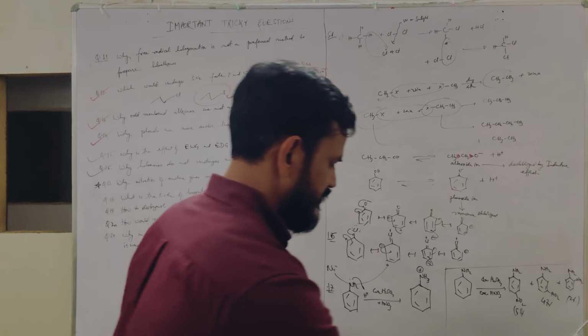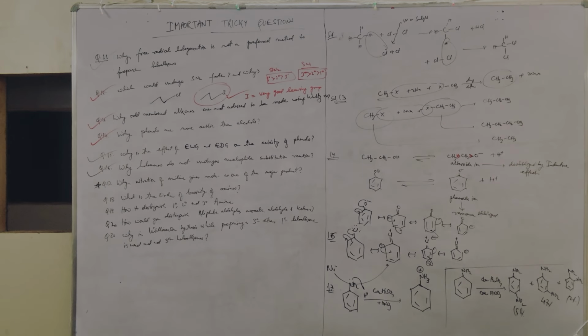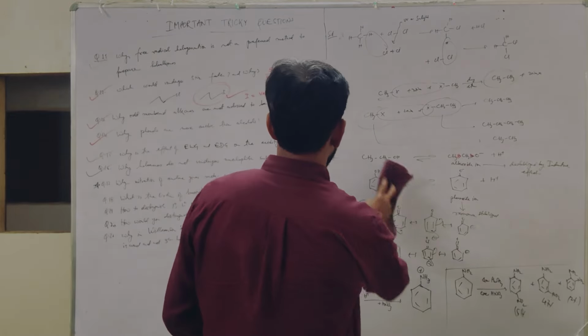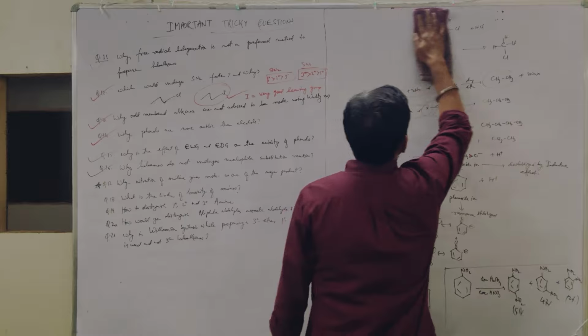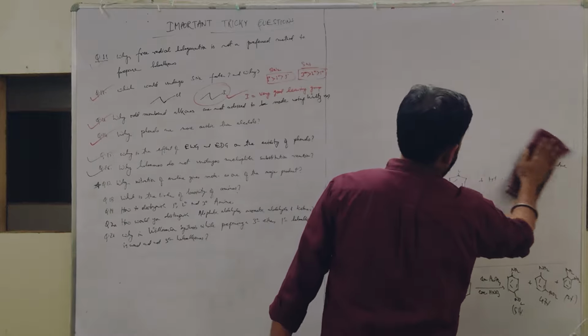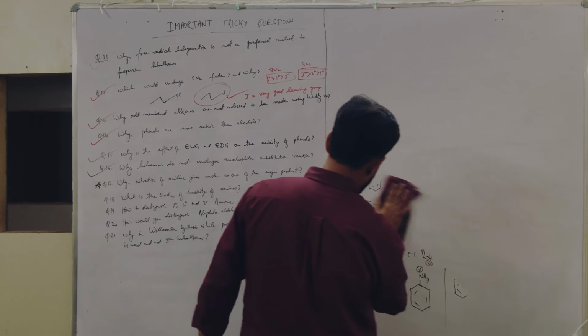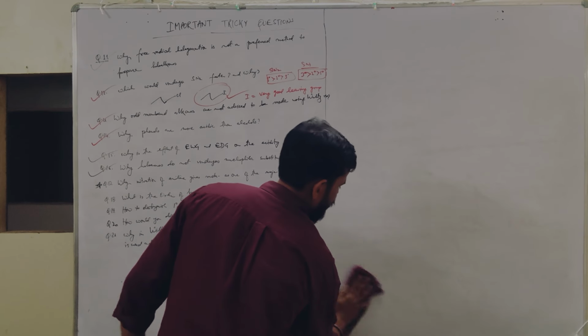That was very interesting. Now, the next question, what is the order of basicity of amines? Amines have different orders of basicity. There are two factors which determine the basicity of amines.